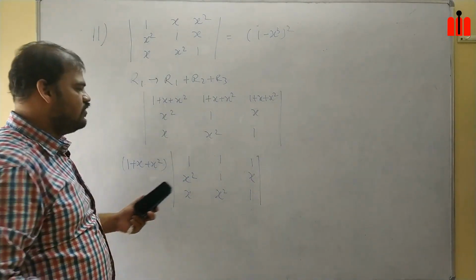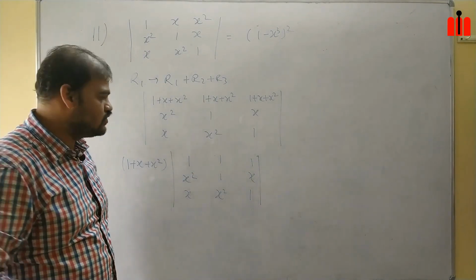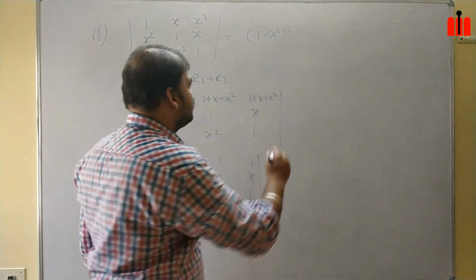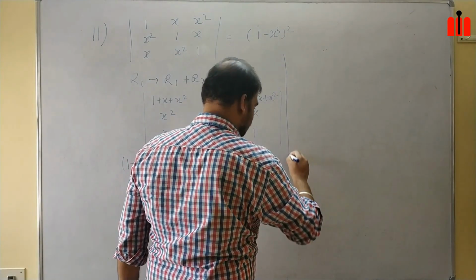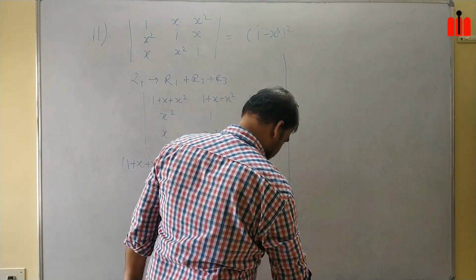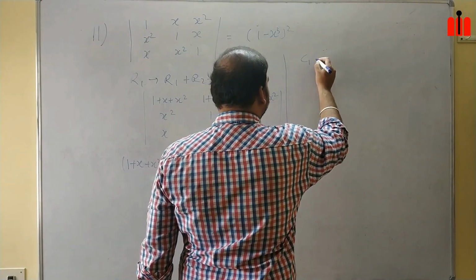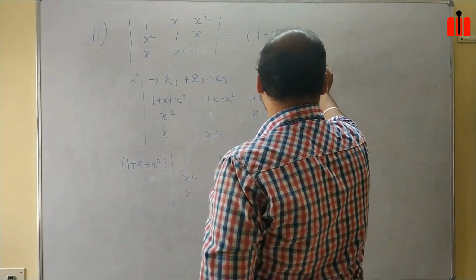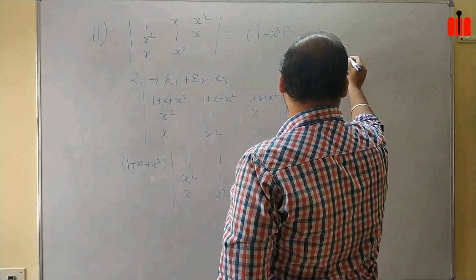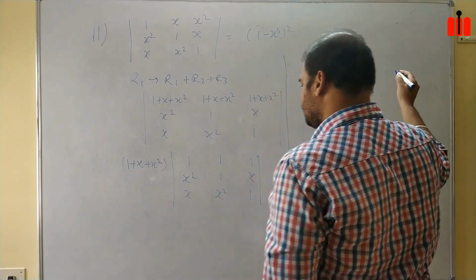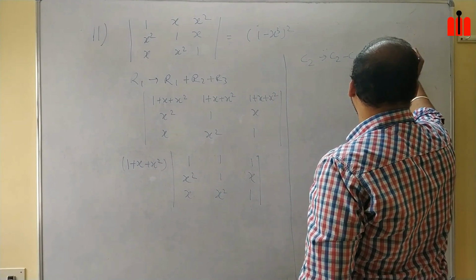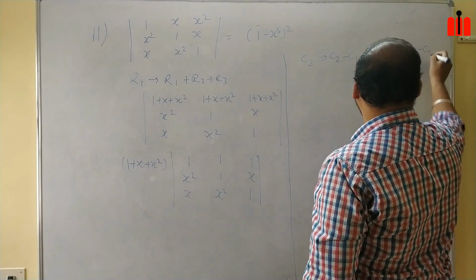Now what we will do, we will make these two elements 0, 0. So my operations will be C2 is C2 minus C1 and C3 is C3 minus C1.